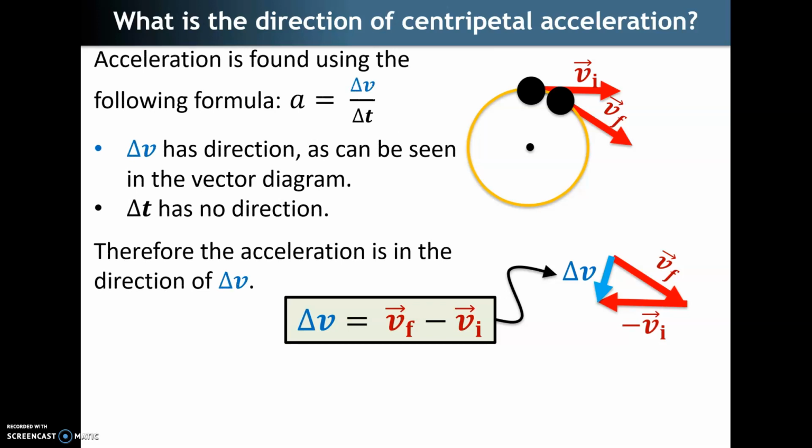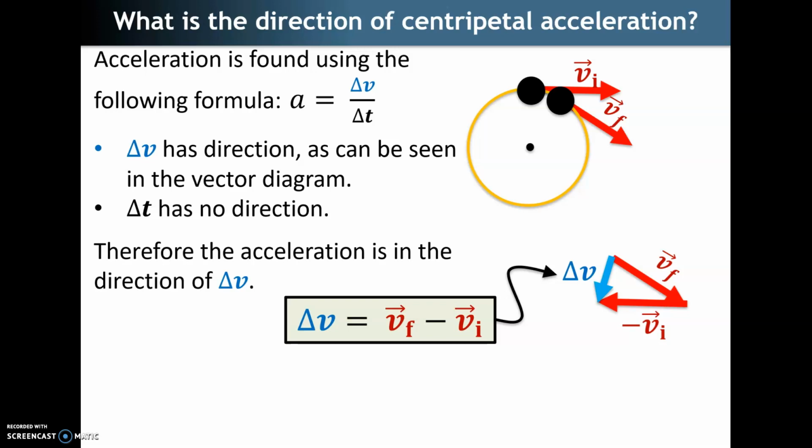So the reason why we're focusing on delta v here is because we know that acceleration is change in velocity over time, delta v over delta t. So we see here that the acceleration points in the same direction that this delta v vector is pointing in the diagram, and delta t doesn't have a direction.